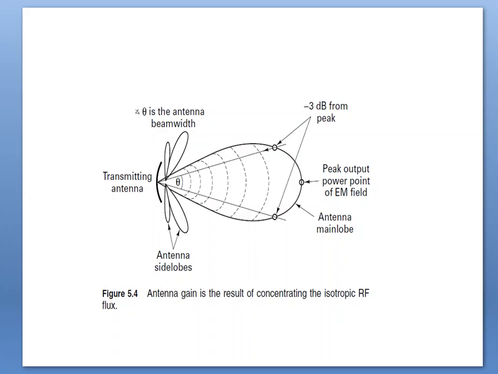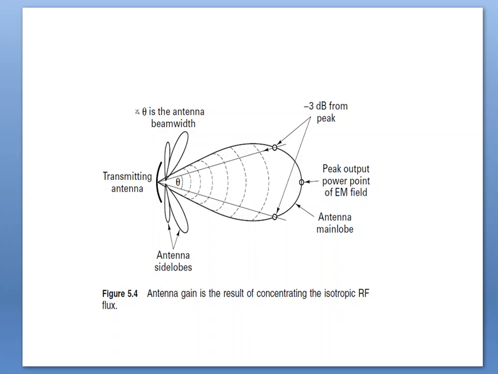A main lobe is in the direction of maximum gain, and a minor lobe is a direction of less gain. It is attached to the main lobe, and some lobes exist depending upon the antenna type. There are also back lobes.